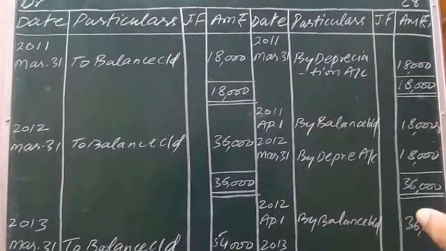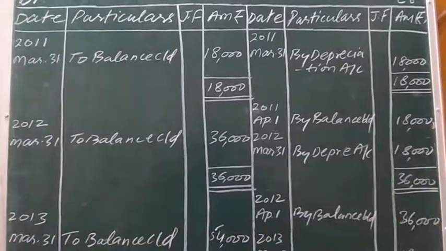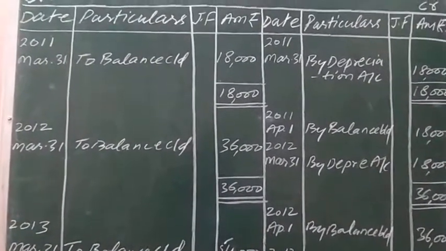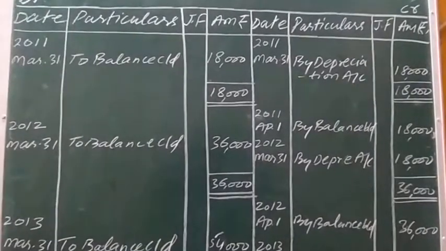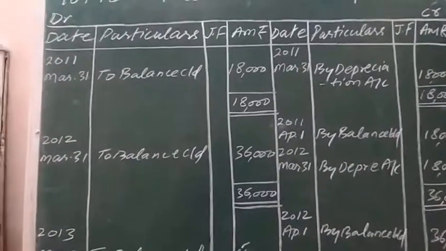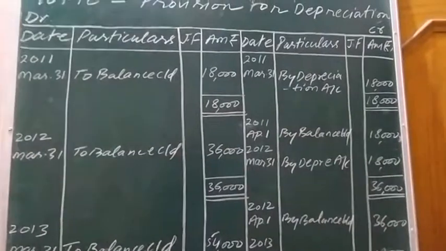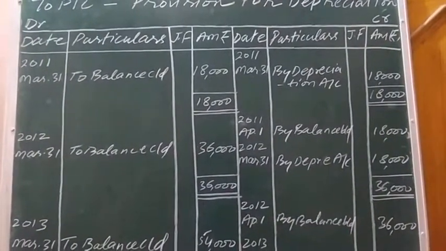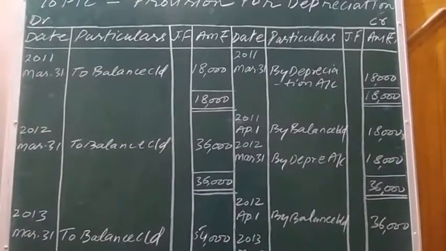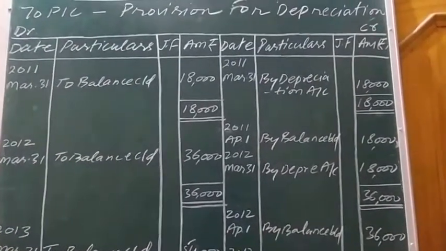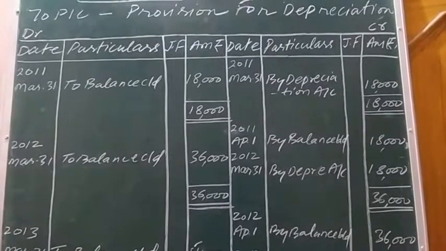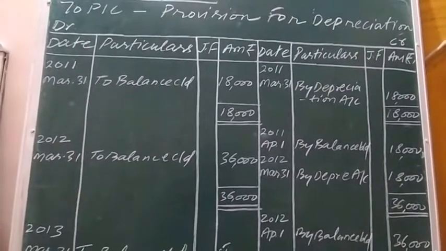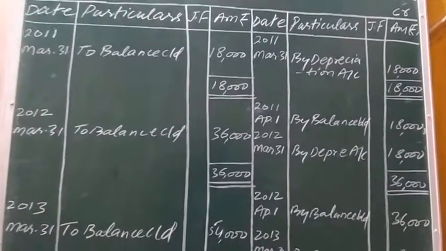Make the total of the two, and whatever balance shortage is there on the debit side will be placed on the debit side by the name of balance carried down at the end of the year. The same balance carried down appearing on the debit side of the ledger account provision for debt will be further brought down on the credit side by balance brought down, 36,000.